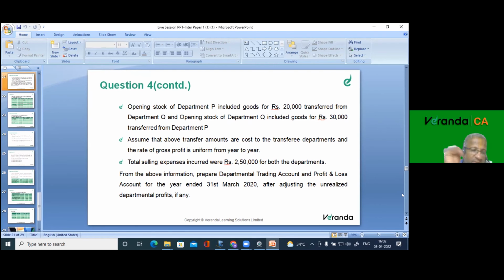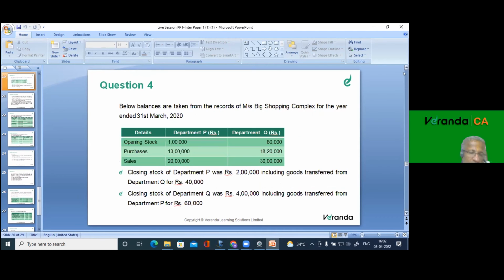And the rate of gross profit is uniform from year to year. Total selling expenses 2,40,000 for both the departments. From the above information, prepare a departmental trading account and profit and loss account for the year ending 31st of March after adjusting unrealized profit if any. See, leave that inter-departmental transfers.